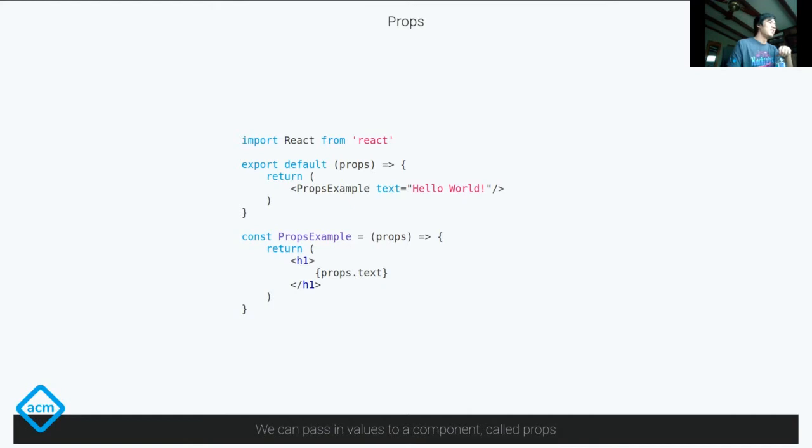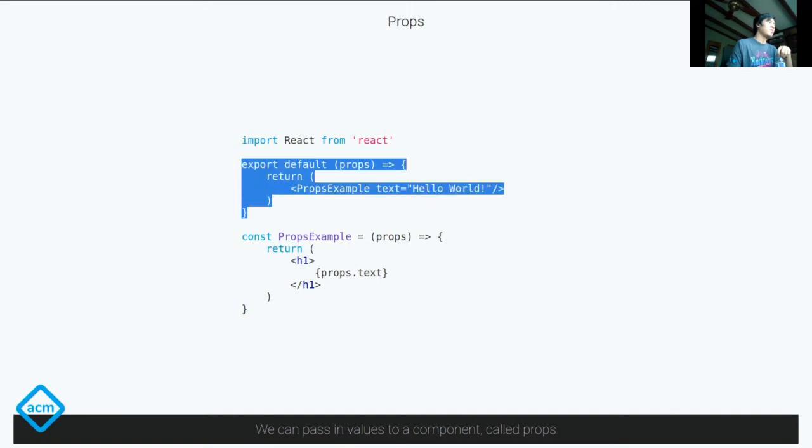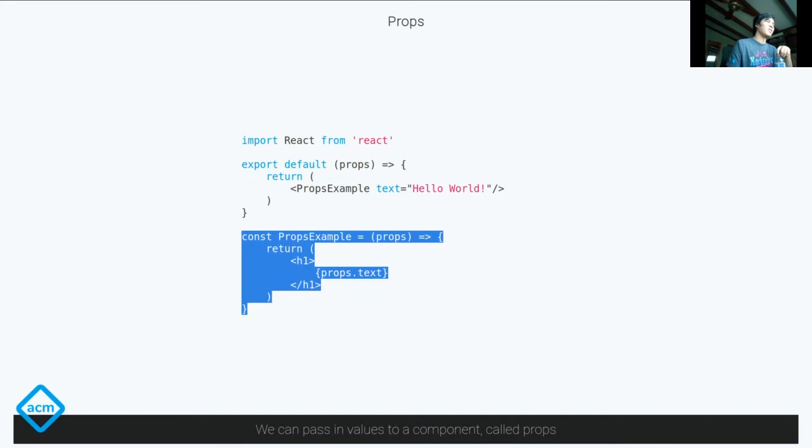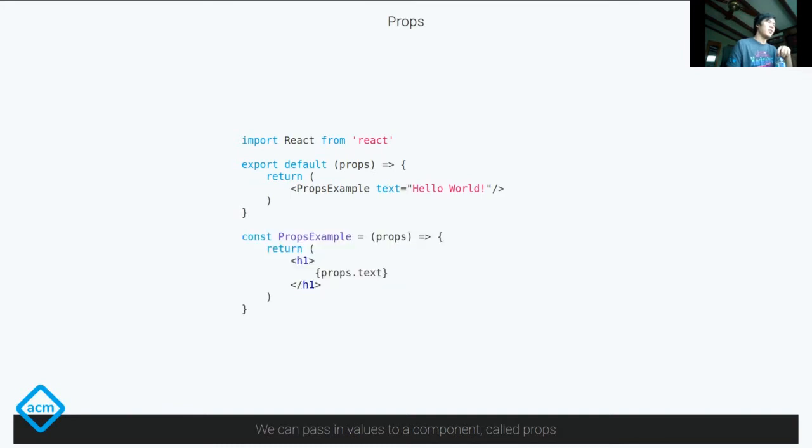Here's an example of props. We're declaring another component again, and actually we're using this component here. PropsExample is a function that takes in one argument called props, and we can access these props using props.text or whatever else we want to pass in.